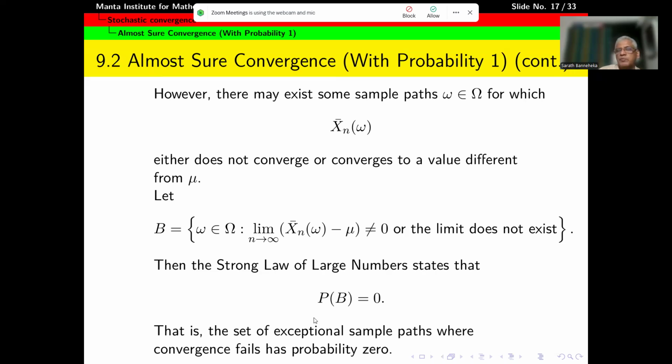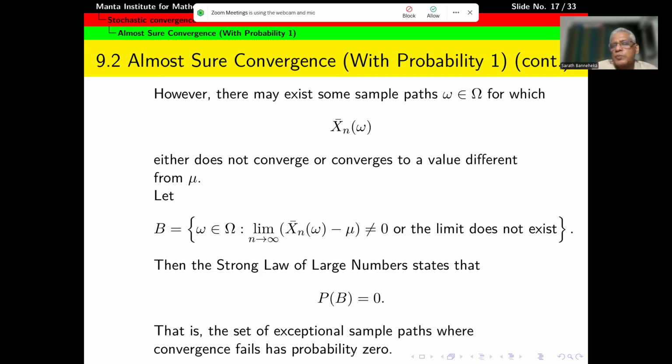There will be millions or billions of possibilities, and out of that, there may be one or two situations where this sequence fails. Each omega is a sequence of infinite components.